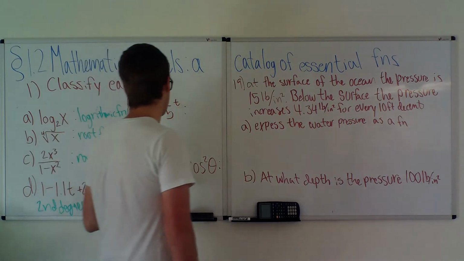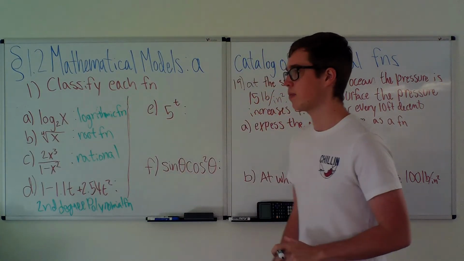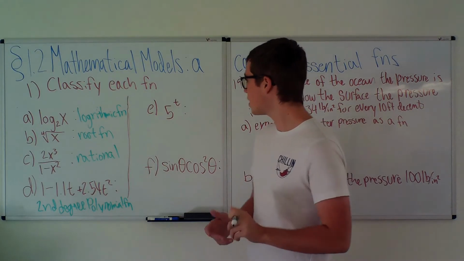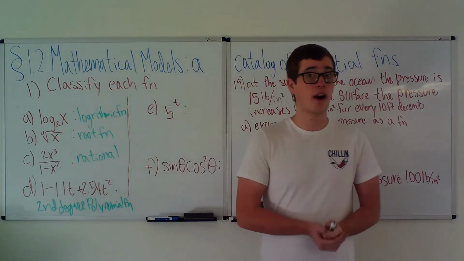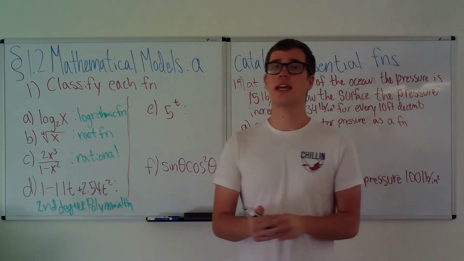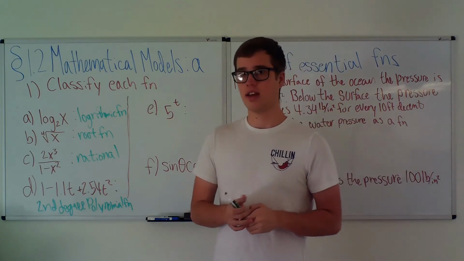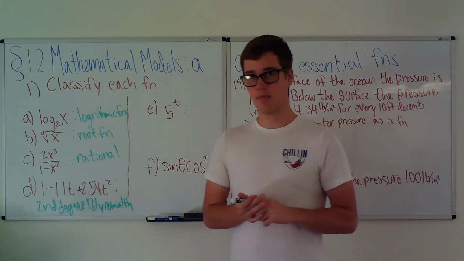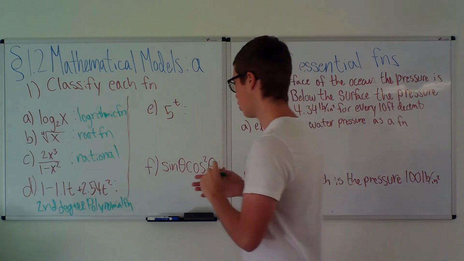Alright, now on to E. You have 5 to the t. So we know that as t gets big, 5 to the t is going to get exponentially big. As again, I gave it away with the name, this is an exponential function.